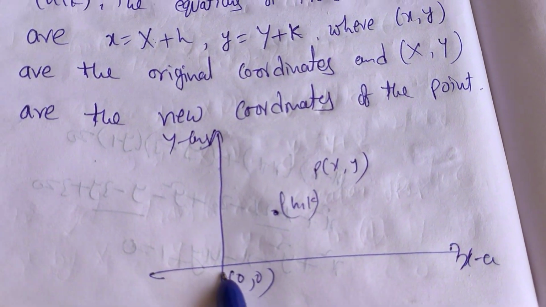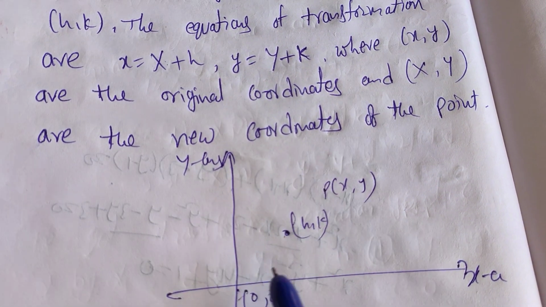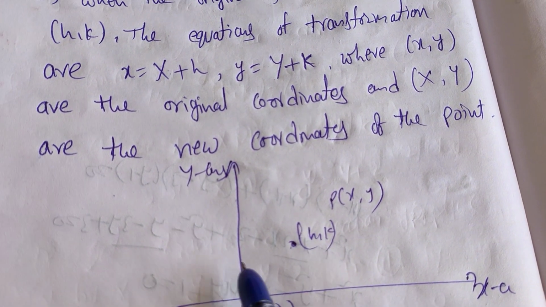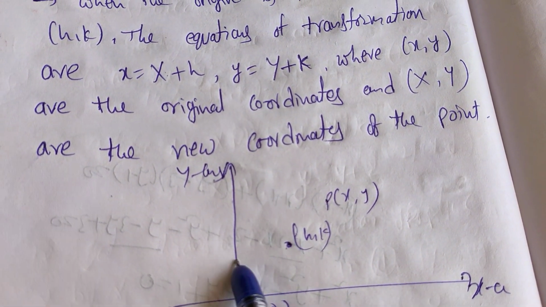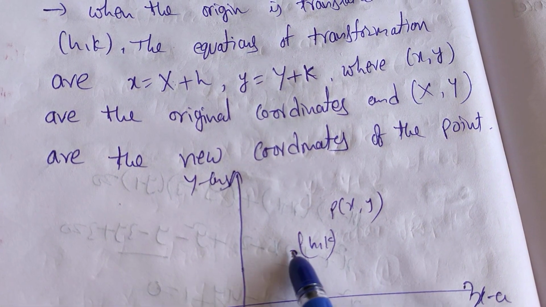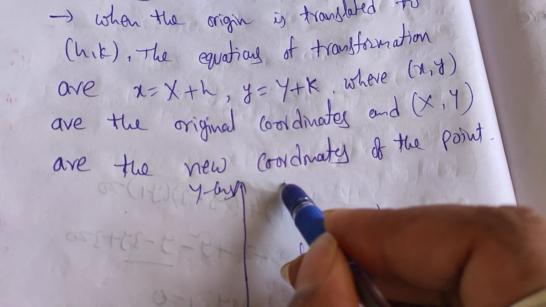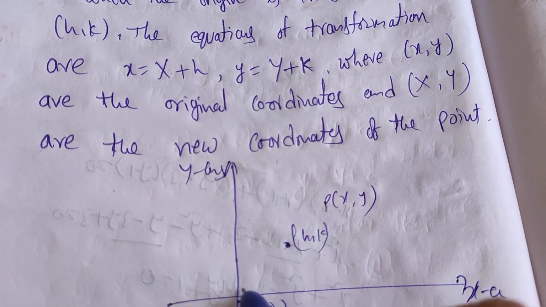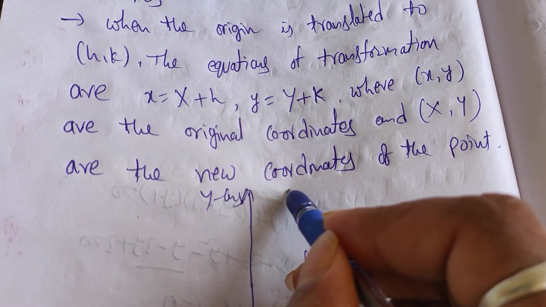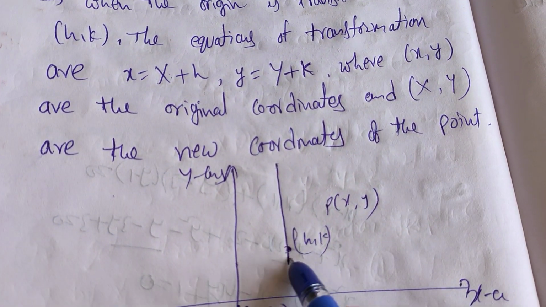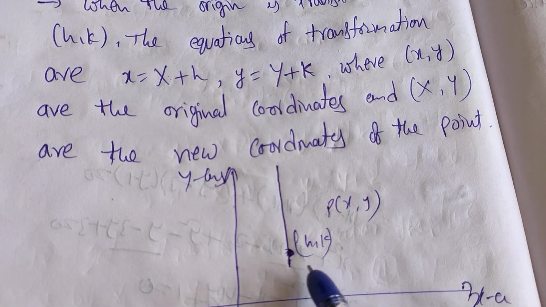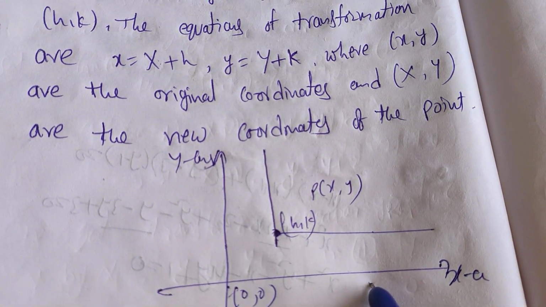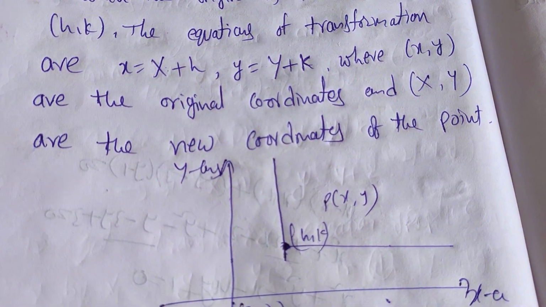If you want to move the origin to here without changing the direction of the axes, the new y-axis passes through this point and is parallel to the same old y-axis, and the x-axis also. If you take it like this, these are parallel lines, so the directions do not change.